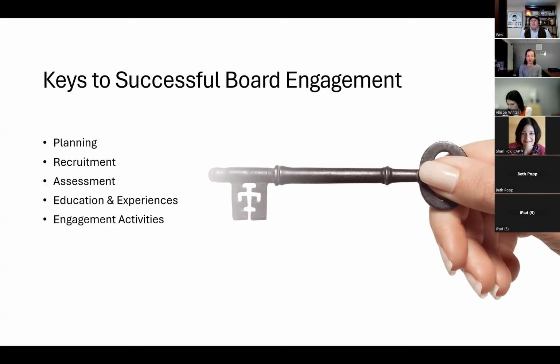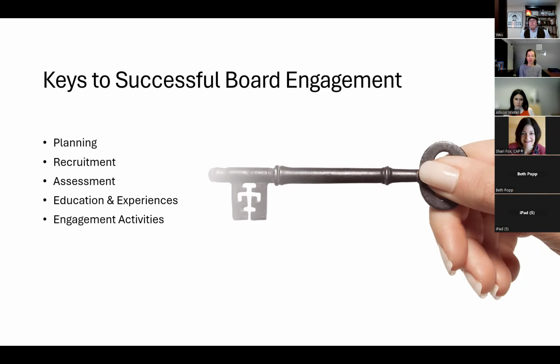Some other ways that you can increase engagement are through education and experiences. Education can be formal or informal. Formal education might be camps, such as this board member boot camp, or more specific continuing education through certifications or otherwise.